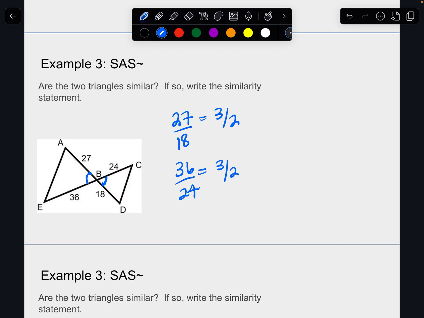So I have a pair of congruent angles, and then my corresponding sides are proportional. So yes, we can say that triangle ABE is similar to triangle DBC by the side angle side similarity theorem.